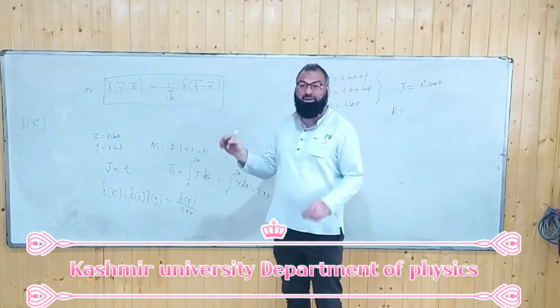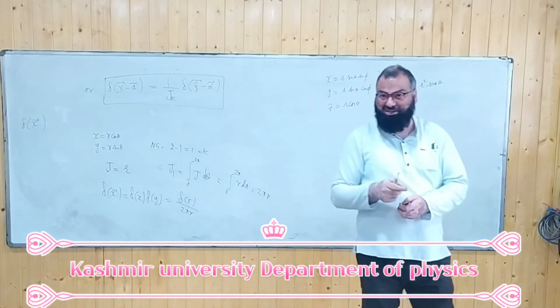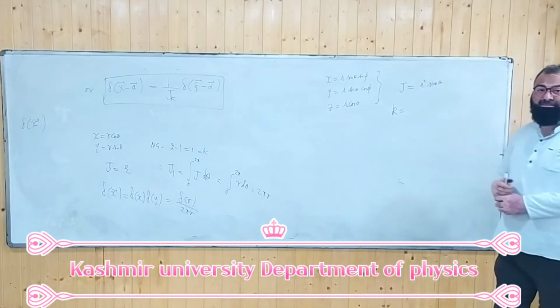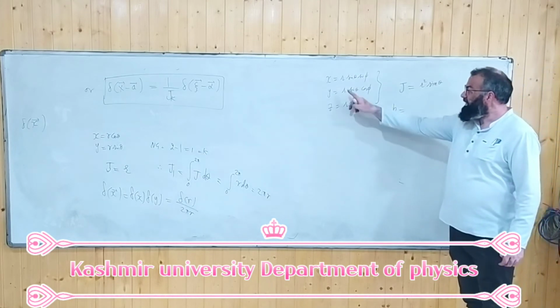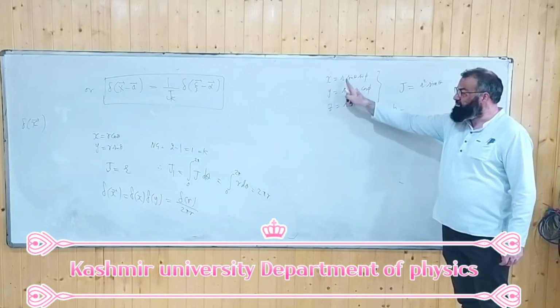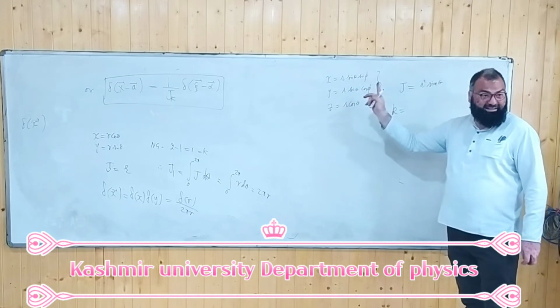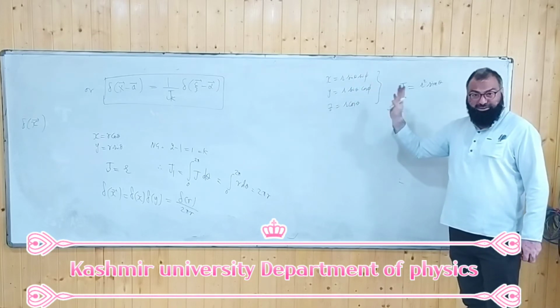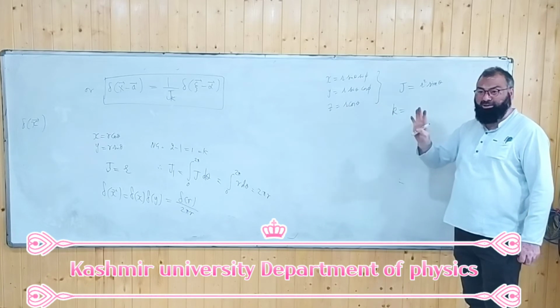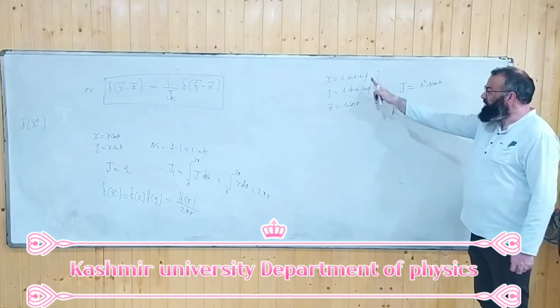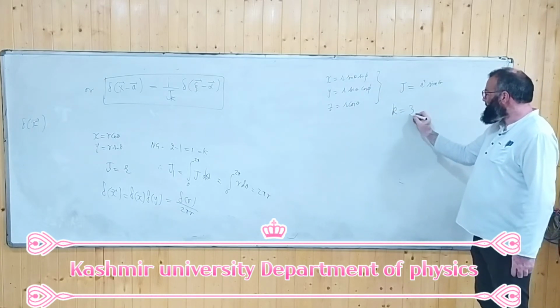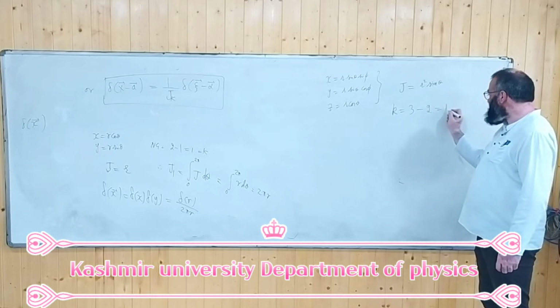How many non-ignorable coordinates are there in your system? If you see this at R equal to 0, this becomes 0. So both theta and phi are undetermined. So you have two ignorable coordinates in this system. How many coordinates are there in total? 3 minus 2, so that's equal to 1.